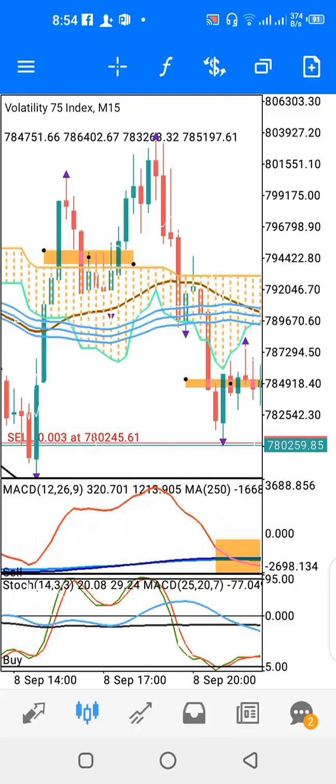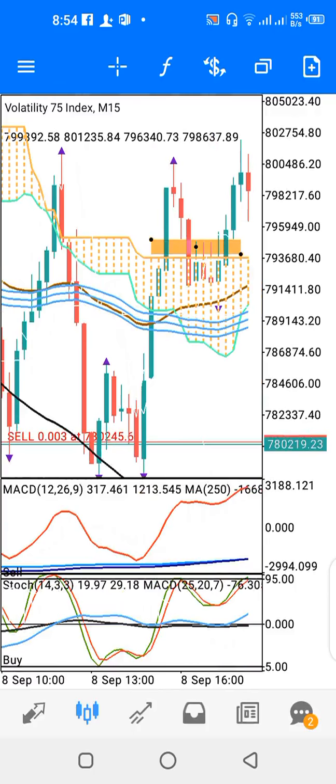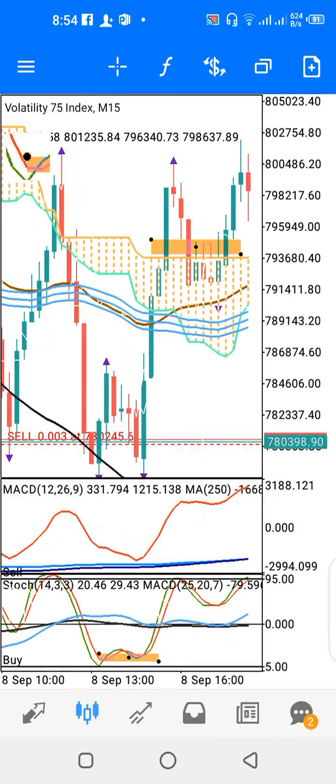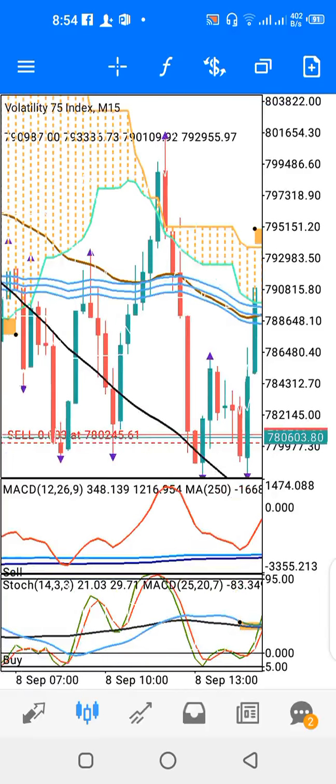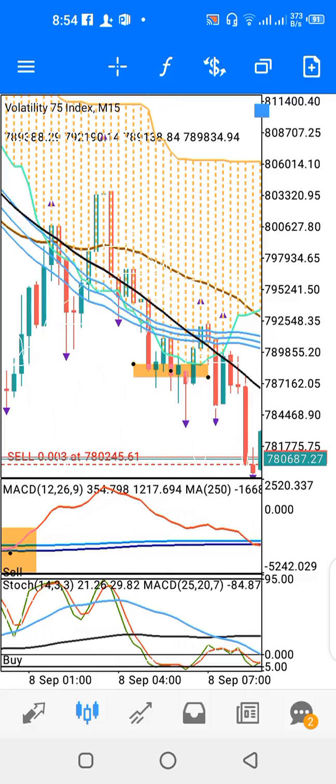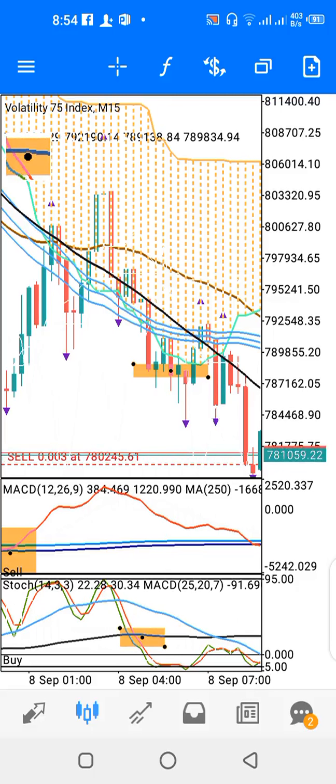Okay, if we go to the chart, where the green and the red line get to this point and cross up, you have a buy signal. Get to this point and cross down, you have a sell signal. You have a sell signal here, a sell confirmation here.